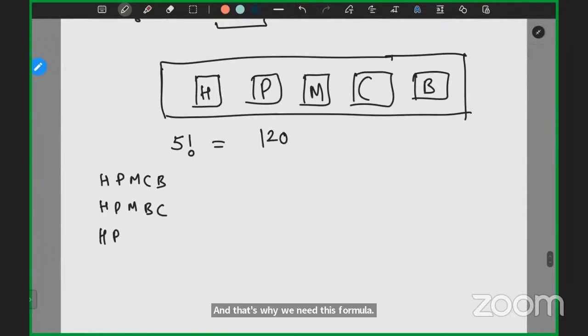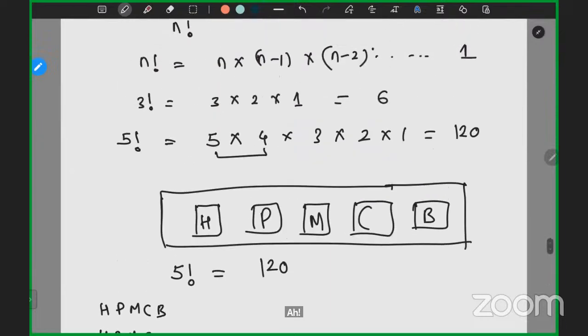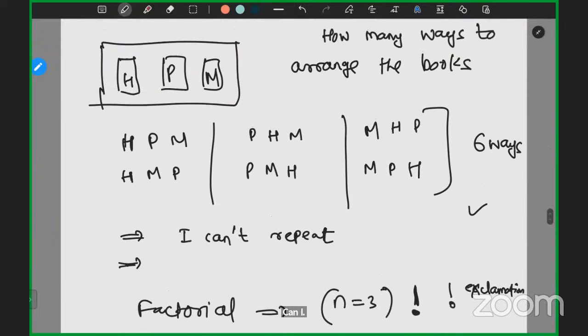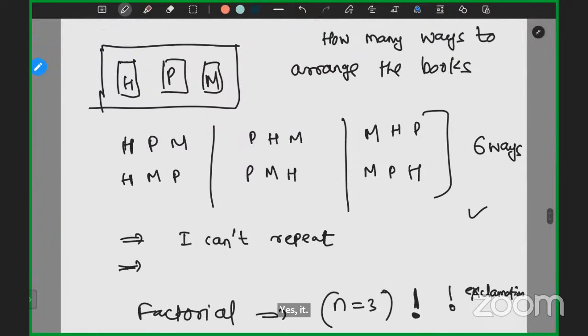Sir, this formula only represents how many ways we can arrange these books, right? It doesn't show us the way we can represent them, just the number of times. Yes, definitely.